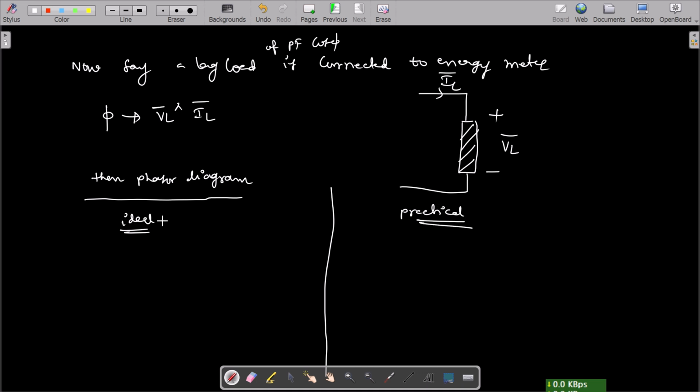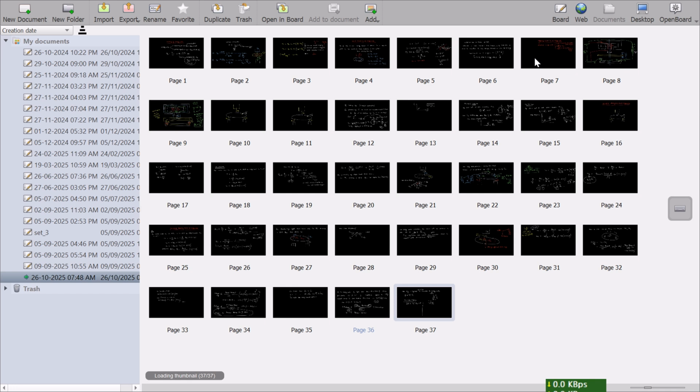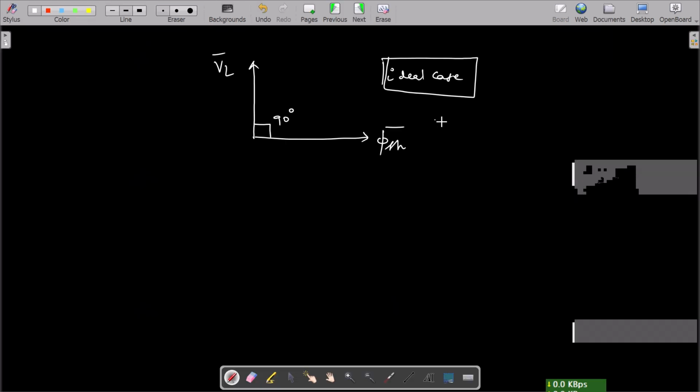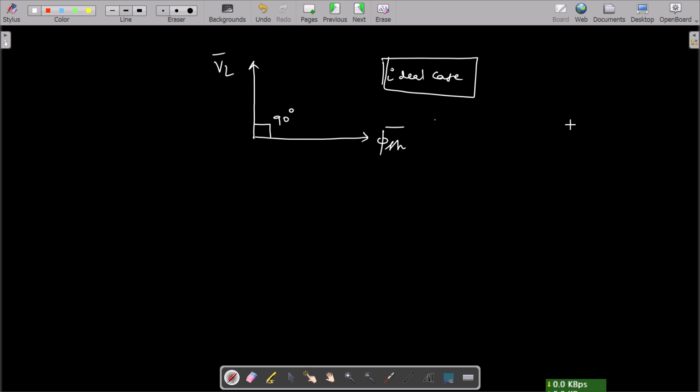So ideal case means that the angle between VL and phi_SH will be 90 degrees. This thing we have already seen in part 1 video. Okay, in the ideal case, the angle between VL bar and phi_SH bar will be 90 degrees. Okay, the same derivation is used here.